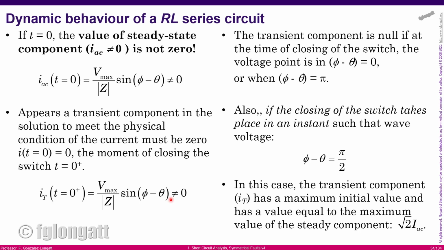The current before closing the circuit breaker is zero, and immediately after we close, the current will start to increase, but that current must come from zero again. What I'm trying to say is that this difference between angles phi and theta defines the DC component that is present in the current.